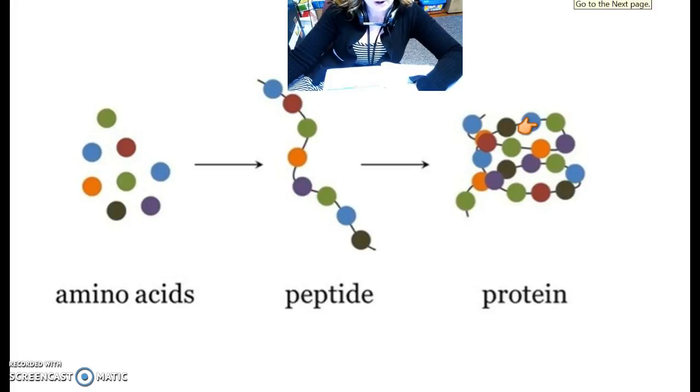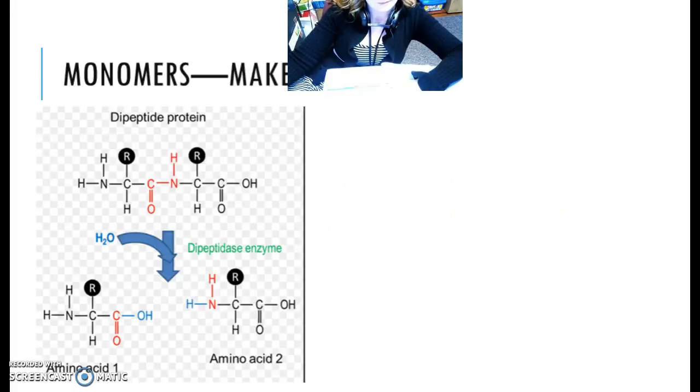Whether it's to make your hair, your fingernails, or to serve as a doorway in a cell in order to keep the cell from letting certain things in, the shape of the protein is pretty important.